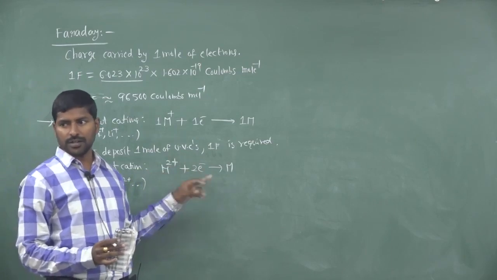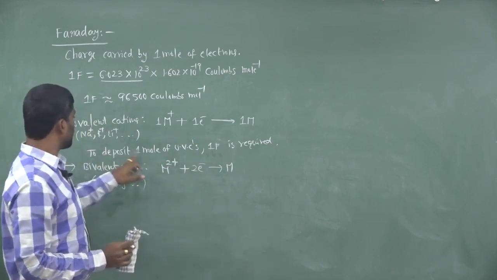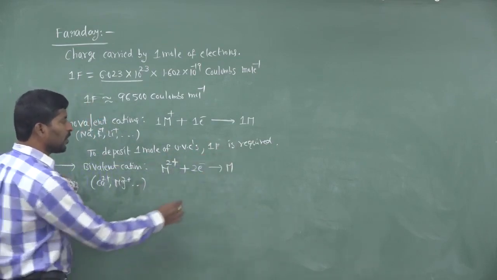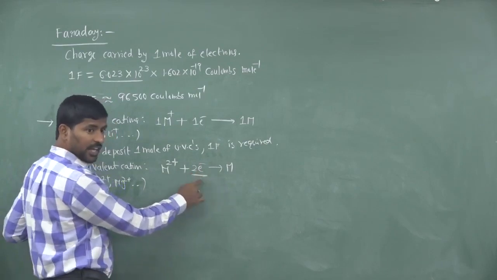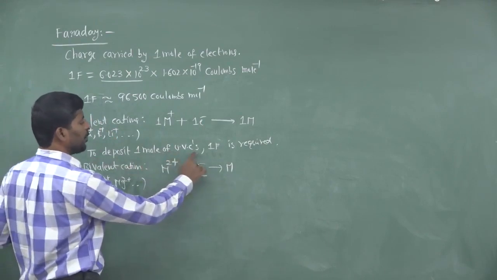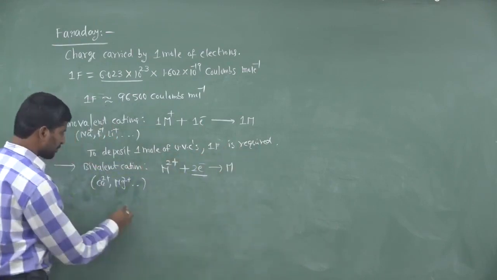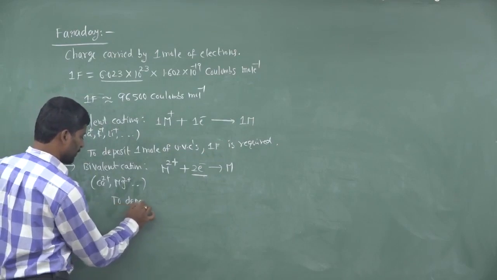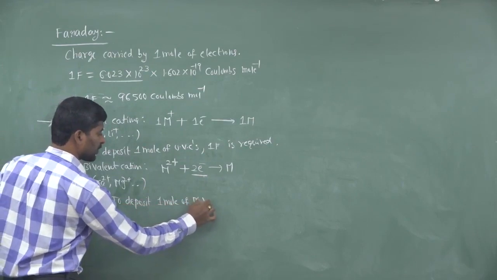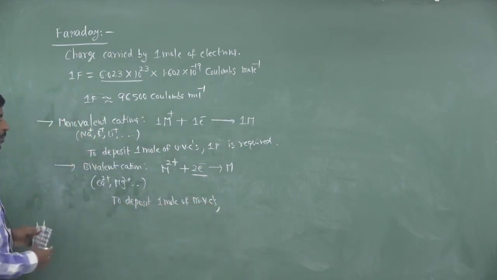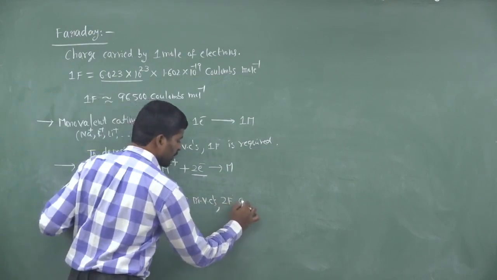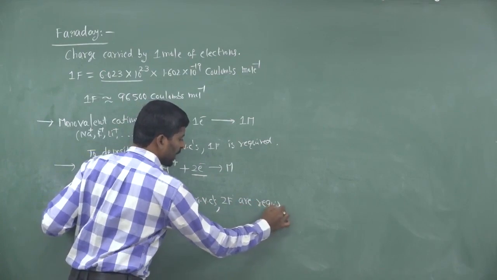The charge carried by 2 moles of electrons is 2 Faradays. So to deposit 1 mole of bivalent cations, 2 Faradays are required.